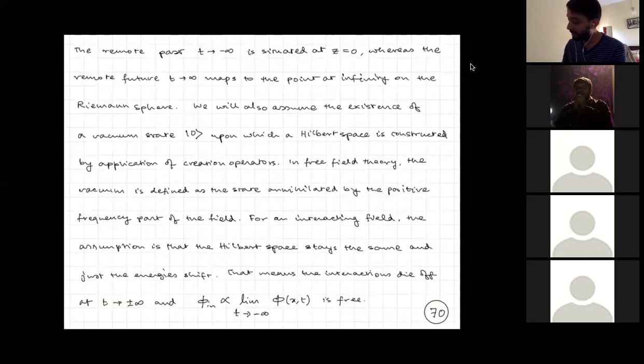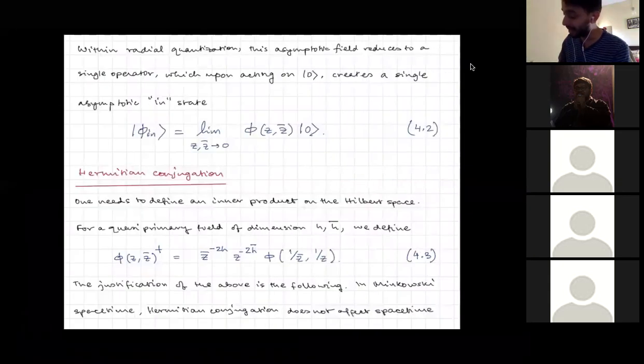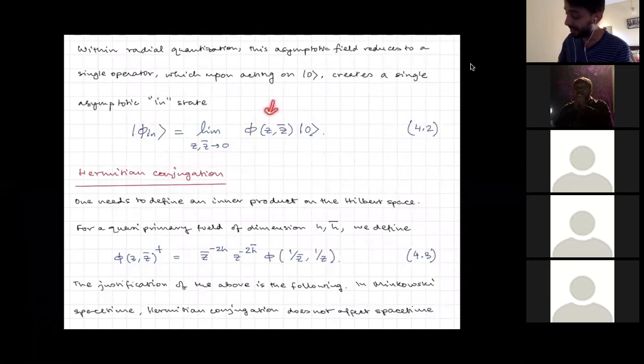Now, what this means is, when we say that phi in at t equal to minus infinity is defined in this way, within the context of radial quantization, your in states are now defined by this field phi of z and z bar acting on 0, and you need to take the limit of z and z bar going to 0.